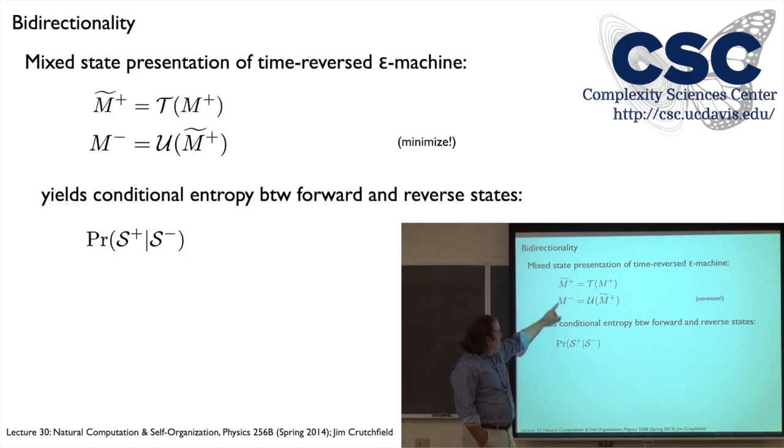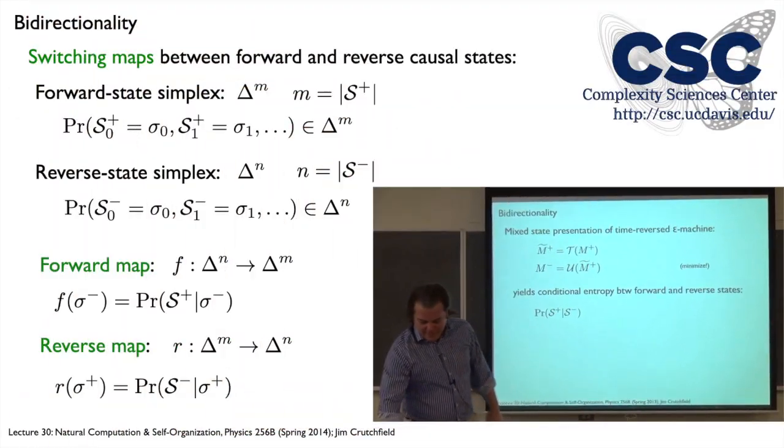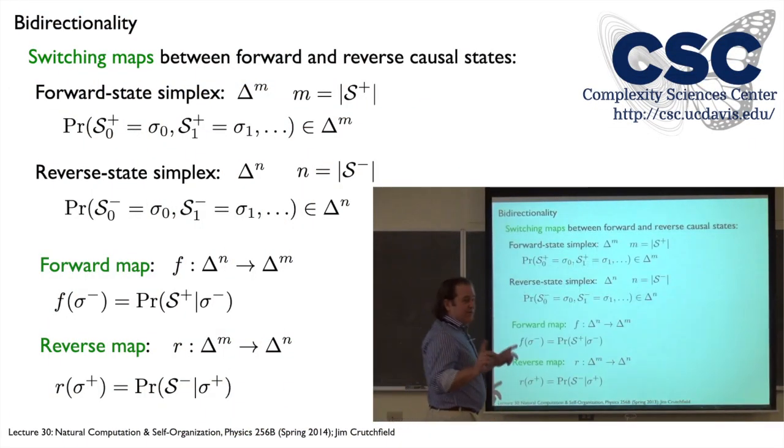And as I pointed out, in doing this, we are tracking essentially the relationship between forward and reverse states, right? The reverse states are mixed states of the forward states. The forward states are now mixed states of the reverse states when we do this. So we have two maps between these. Call them the switching maps.